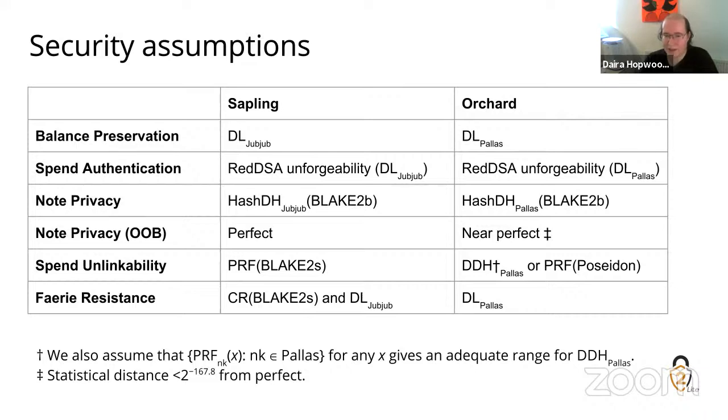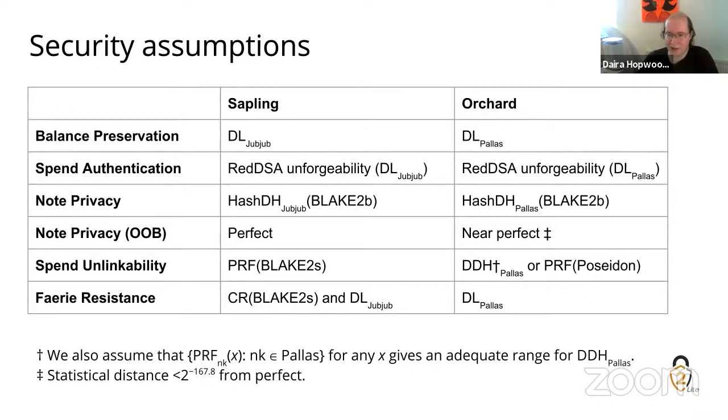For note privacy, there are 2 properties we're interested in. One is the out-of-band property. That's saying, suppose that I was giving you a note by some assumed secure channel. I'm not sending it normally on the blockchain.